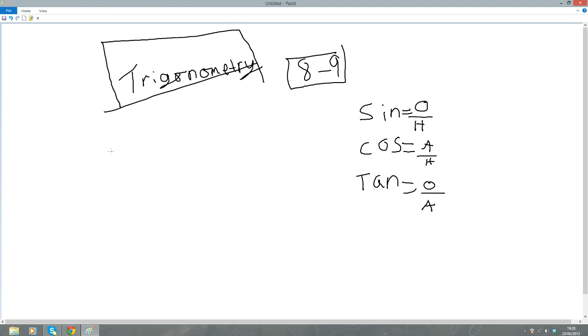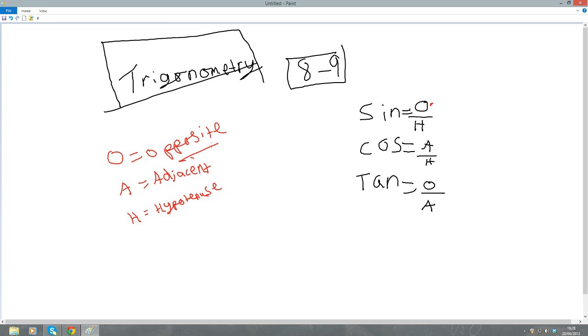So O stands for opposite, A stands for adjacent, and H stands for hypotenuse. So in sin you see that it's O, opposite, over H, hypotenuse. Cos, it's adjacent over H, again hypotenuse, and so forth.